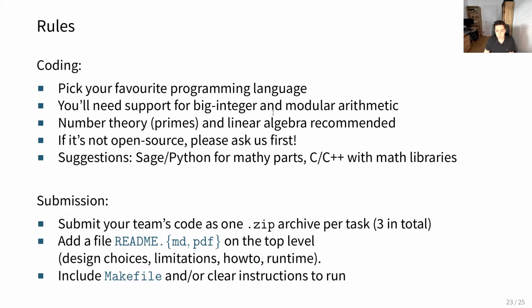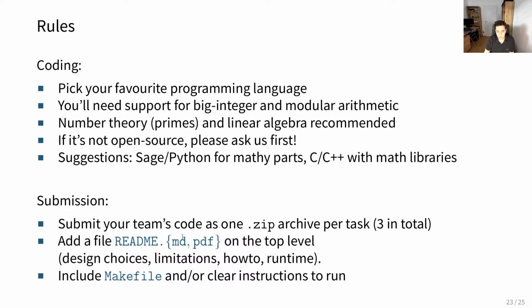And for the submission, please submit 3 zip files, and each zip archive should contain the code of one of the 3 tasks in this assignment, 3 files in total. Please also add a README file.